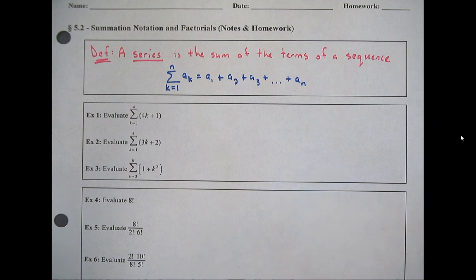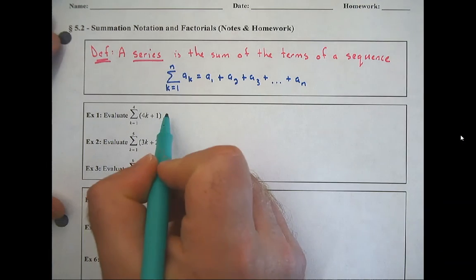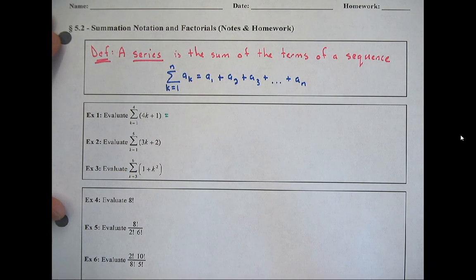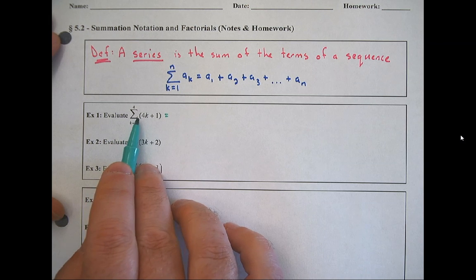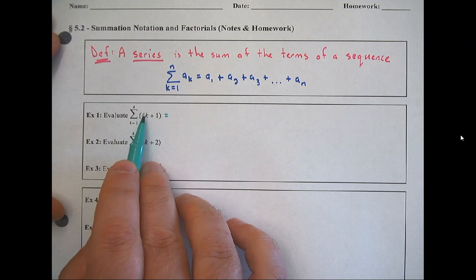So let's do an example where we actually compute the sum. I've got this series that's given in this summation notation. So I'm going to first plug in 1 into this.